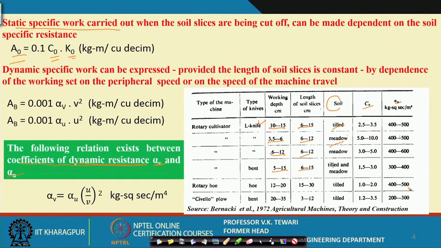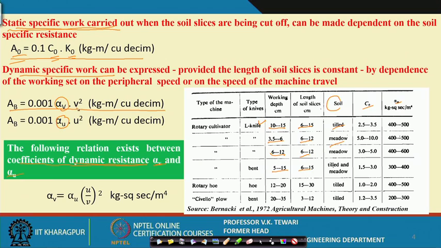So, once you know this information with regard to the soil, the length of the slices cut, the working depth and the type of blade used in the rotavator, you will be in a position to get the static specific work using this equation, and the dynamic specific work you can get from this equation. Now, this equation talks of alpha v and this alpha talks of alpha u.